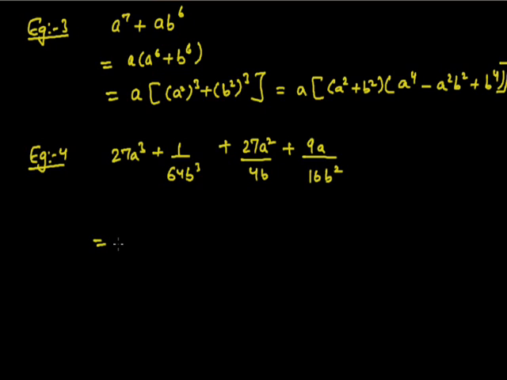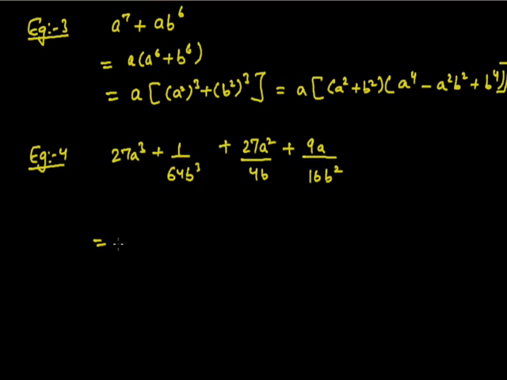So what we can do is, if you see the first term, that is 27a cube, it's actually the perfect cube of 3a. And if you see the second term, that is 1 by 64b cube, it's actually the perfect cube of 1 by 4b. So as the first two terms are perfect cubes, we need to understand the last two terms.